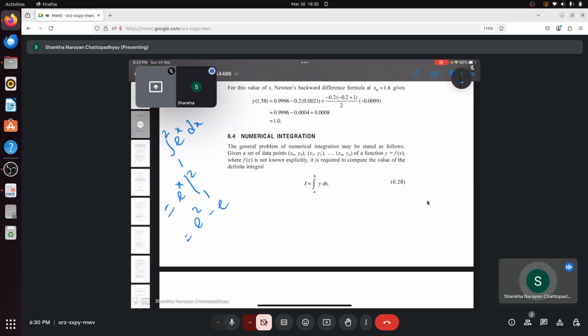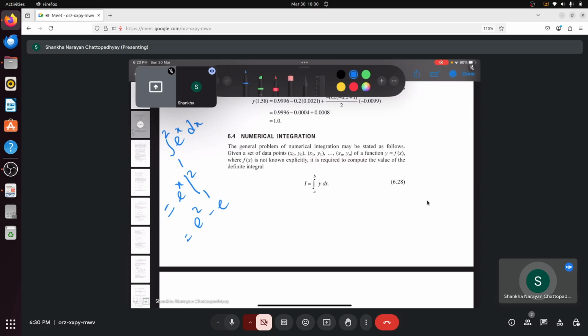So for example, if I ask you to consider some engineered system which is ultimately giving you this sort of integration from 1 to 2 of e to the power tan x divided by 1 plus log x dx.